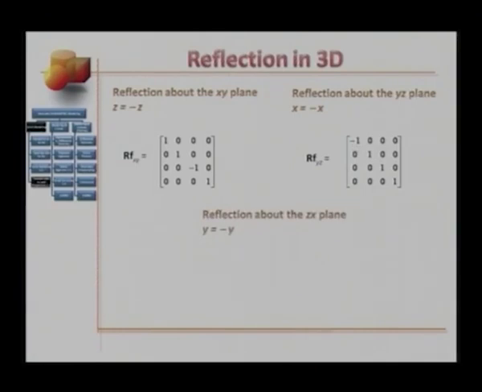Finally, reflection about the zx plane, for which the y coordinate will change sign. Rf zx, reflection about the zx plane, will be a 4x4 matrix. Again, very similar to an identity matrix, but with the second by second term here as -1.